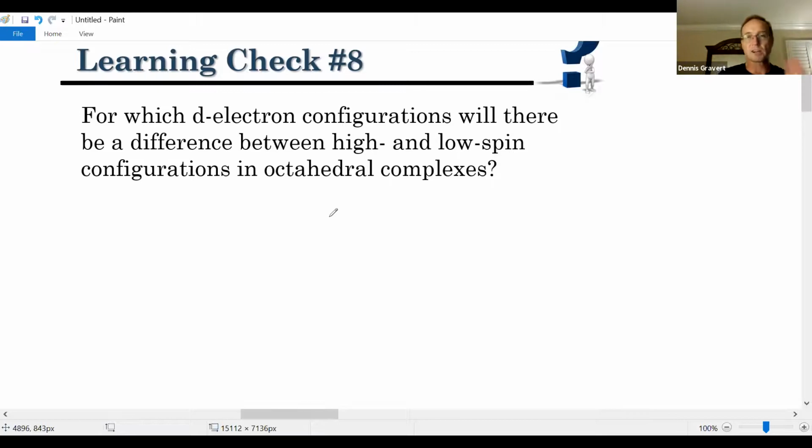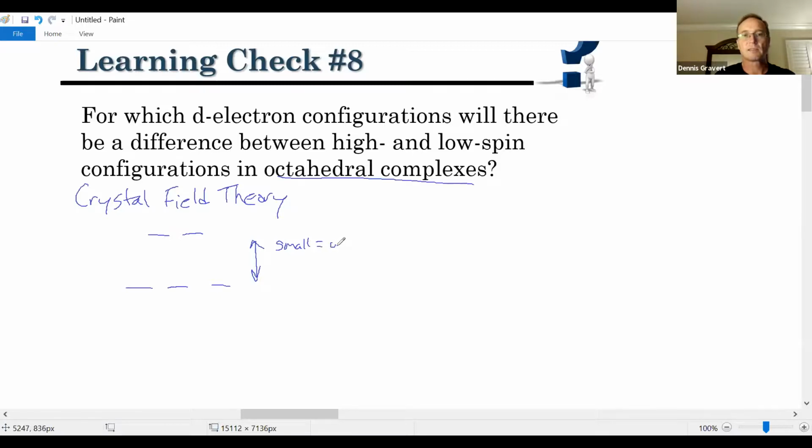Okay, so for our exam, if we're going to do the crystal field theory, we're only going to be looking at octahedral complexes. And for that one, it's 2 high and 3 low. Then you need to know about the gap size. If it's small, that's because we have the weak field ligands.